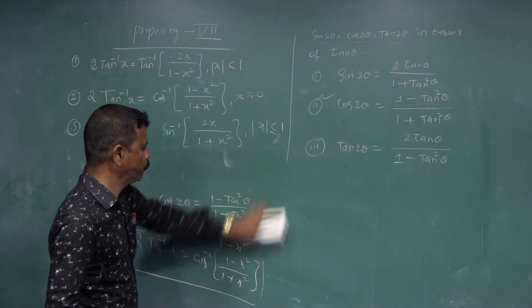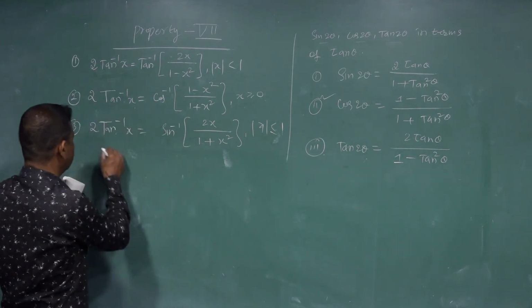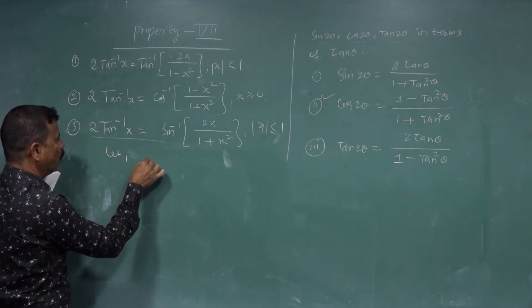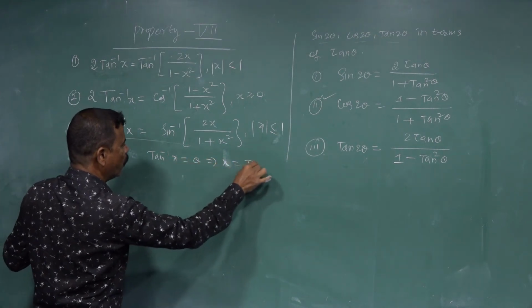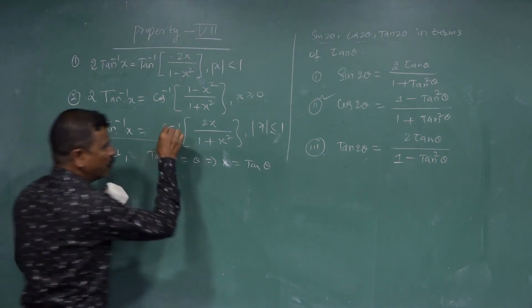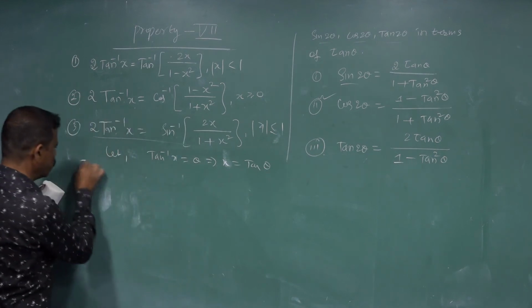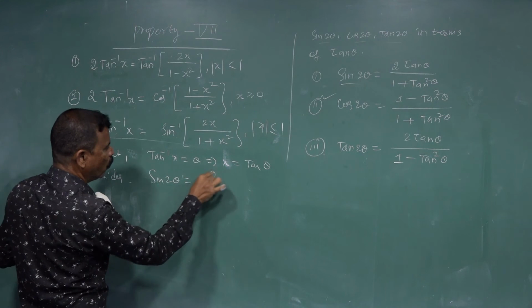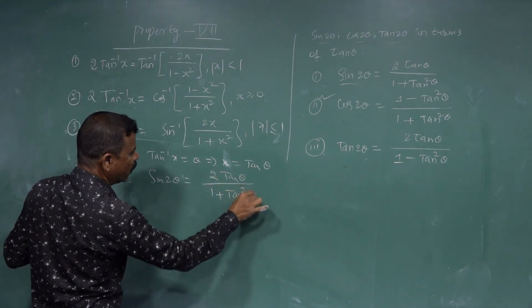Now third is this one. Let tan inverse x is equal to theta, then x is equal to tan theta. So here on the right side, sin inverse. So consider sin 2 theta is equal to 2 tan theta by 1 plus tan square theta.